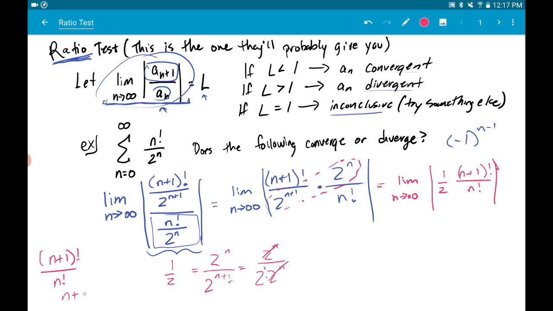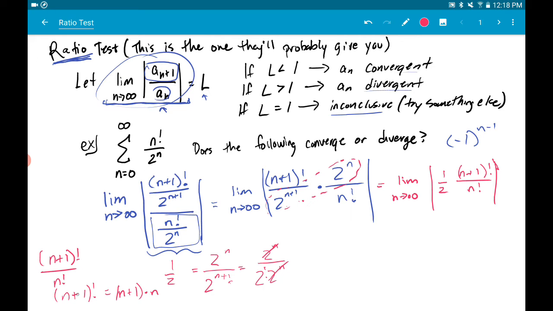And we haven't done factorials too much in this class. You should have seen them hopefully in the past. But the factorial works as n plus 1, and then you take away 1 from it. If you take away 1 from n plus 1, it would be n. Then you take away 1 from n, and it'd be n minus 1, n minus 2, and so on.